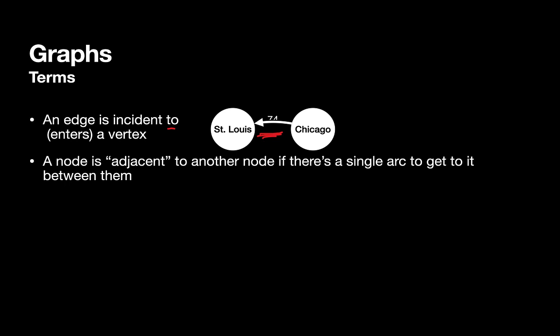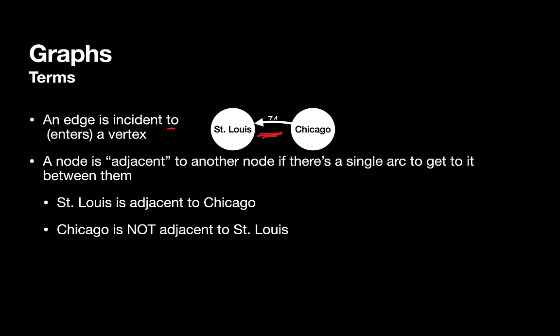So in a directed graph like this, we would say that St. Louis is adjacent to Chicago. There's a way to get from Chicago to St. Louis, a direct way over a single arc. But we wouldn't say the opposite because there was no reverse going arc to go from St. Louis to Chicago. So in this particular example, Chicago would not be considered adjacent to St. Louis.